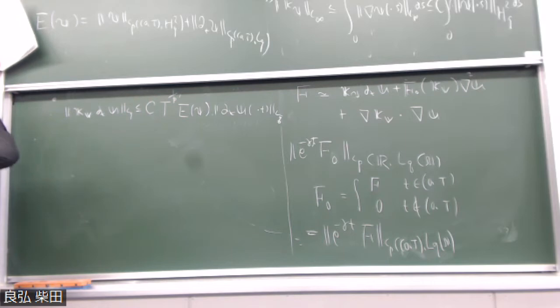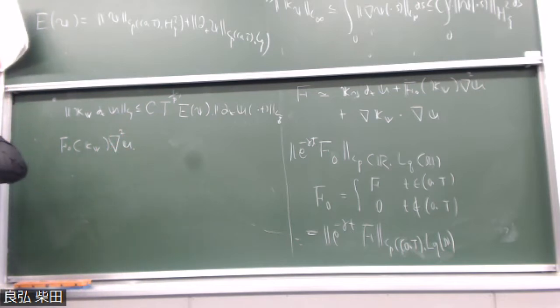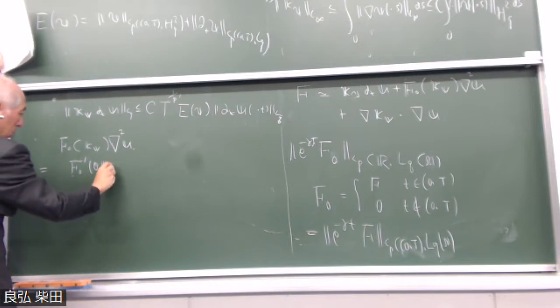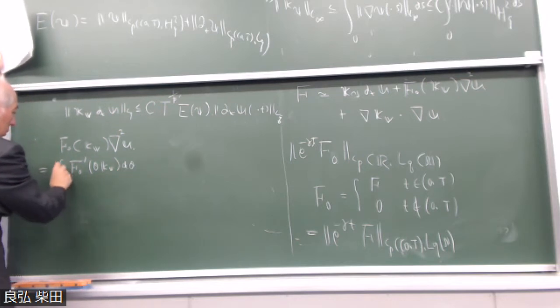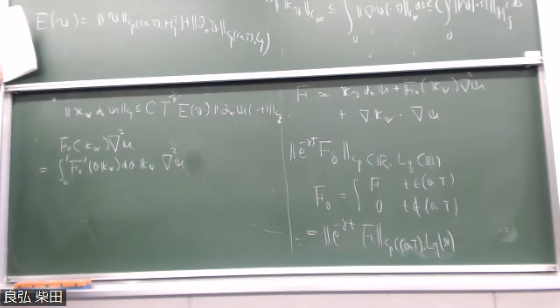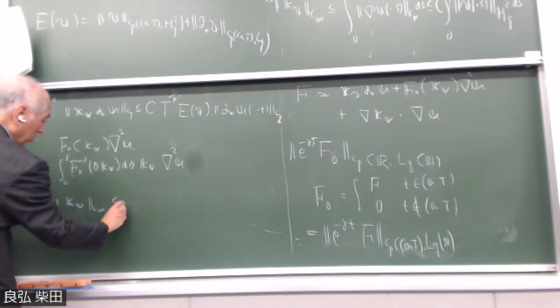So next, we consider some F0 V times the second derivative of U. This is essentially the same because F0, if you use the Taylor expansion, you can write this as F1 theta V. And KV is essentially the norm.